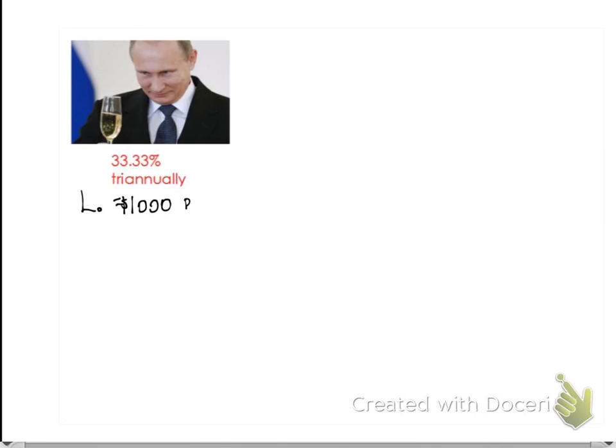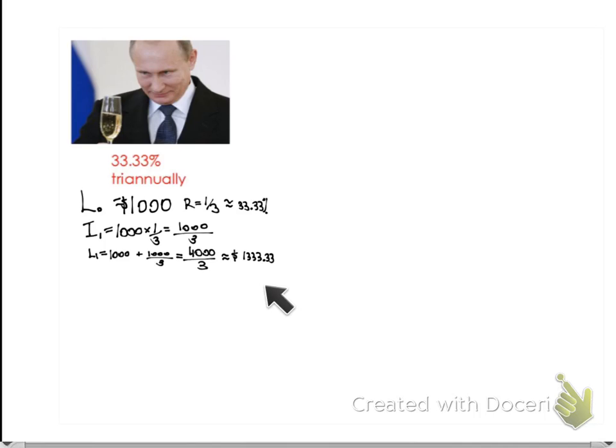All right, so let's examine this scenario. Now the rate is a third. Keep in mind, a third is a decimal number that has an infinite number of decimal places. It's a recurring decimal, so we just approximate it as 33.33%. But we're going to express our values as an improper fraction to have it as an exact value. So there it is, 1,000 over 3 is our dollar amount for our interest. So we add that on, and it's approximately 1,333.33.